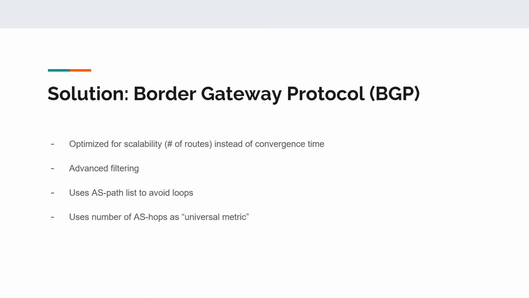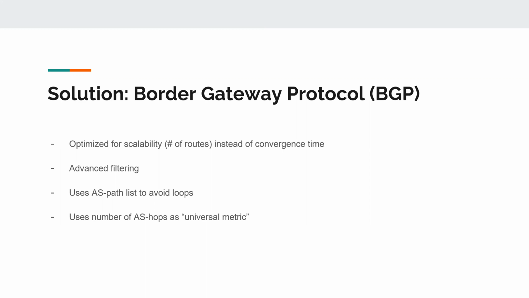BGP is optimized for scalability instead of convergence time. So BGP actually converges slower than most IGPs. It may take minutes or tens of minutes to converge, but it can handle 250,000 routes.